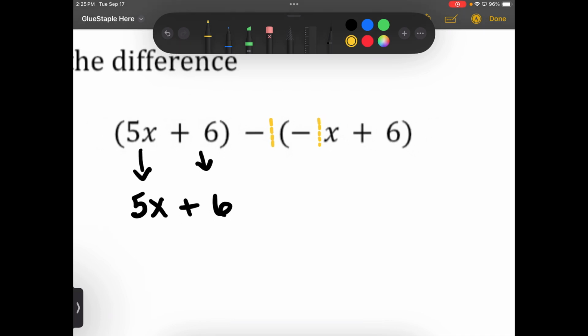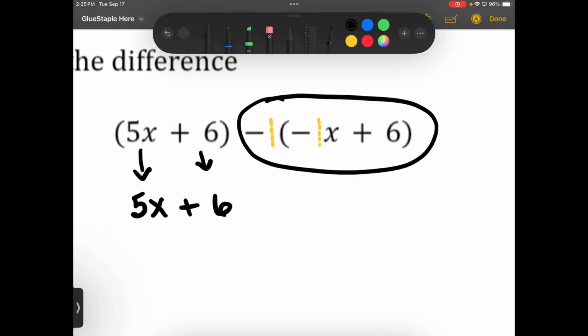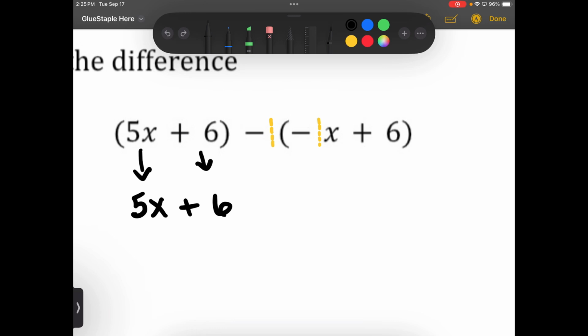Now I'm going to ask, we're looking at this expression. Do you see something that needs to be distributed? Yes. The negative 1. Negative 1 times negative 1x. Positive 1x.